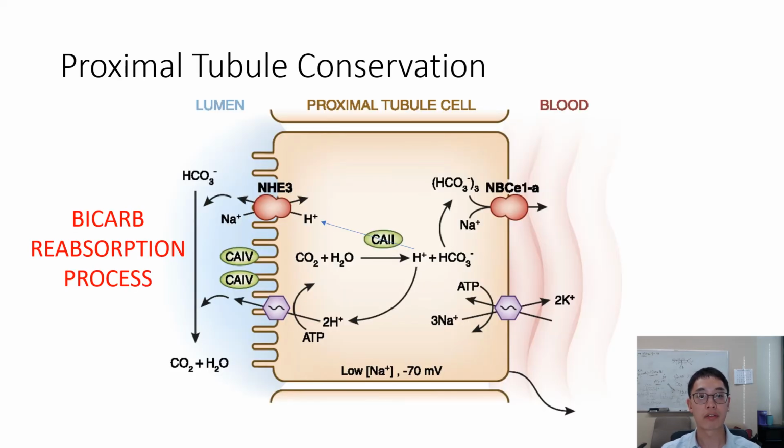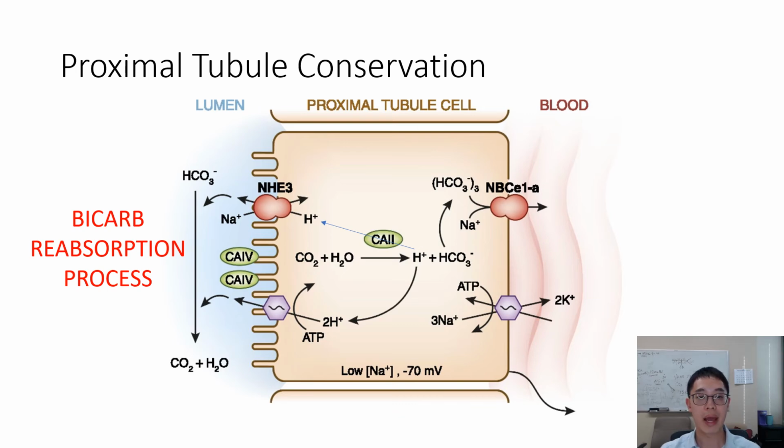Let's take a look first at the bicarbonate reabsorption process in the proximal tubule. The bicarbonate is first converted into carbon dioxide and water by the carbonic anhydrase enzyme on the luminal membrane. The carbon dioxide and water are then able to freely cross the membrane and enter the cells, where the conversion process is reversed by another carbonic anhydrase enzyme, resulting in a proton and a bicarbonate anion.